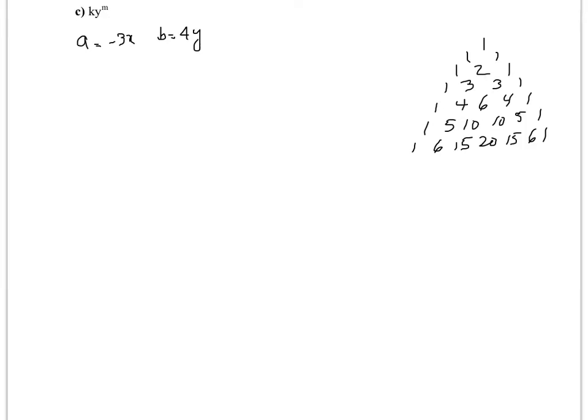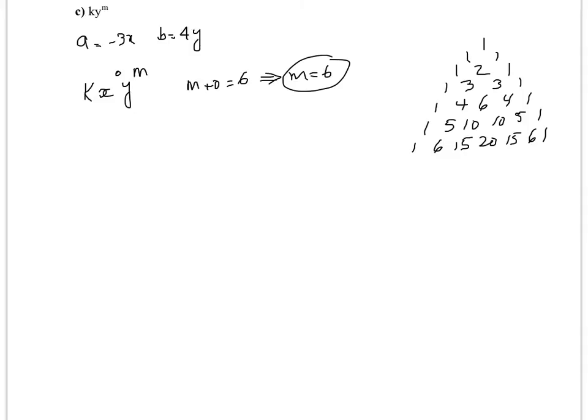The next question is, find k and m if the term is ky^m. Since x is not there, really I can write this term as kx^0 y^m. Now, this means the only possibility for m is when the sum m plus 0 has to be equal to 6, then it means that m is equal to 6.